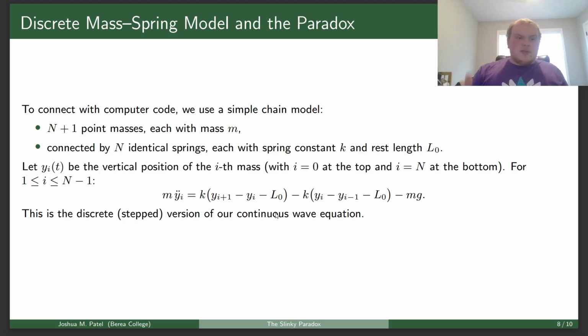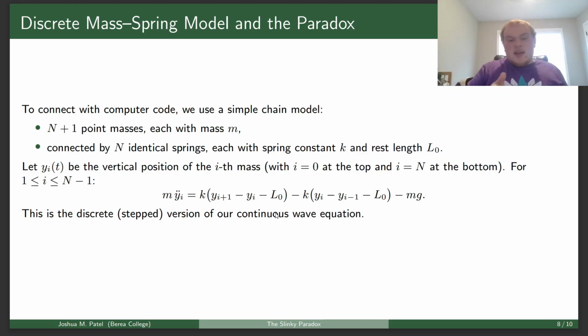Computationally, we can state that we have a simple chain of n plus 1 point masses, each with a mass m, connected by n identical springs, each with a spring constant k and a rest length of L. Let y of i be the vertical position of the i-th mass, with i being 0 the highest one and i being n the lowest one.